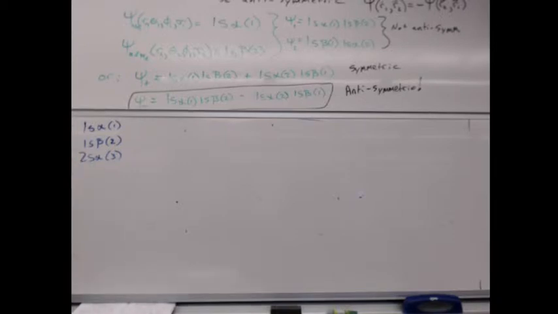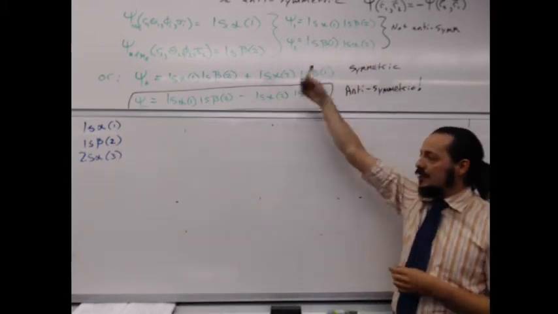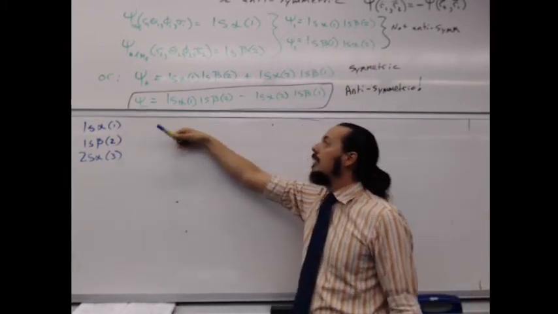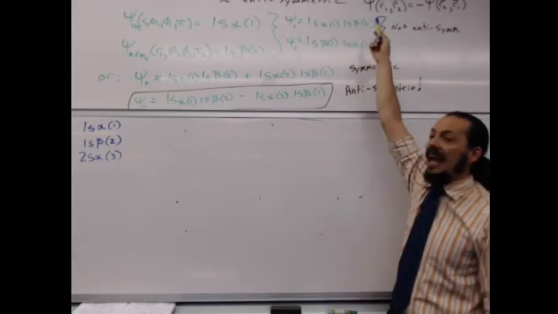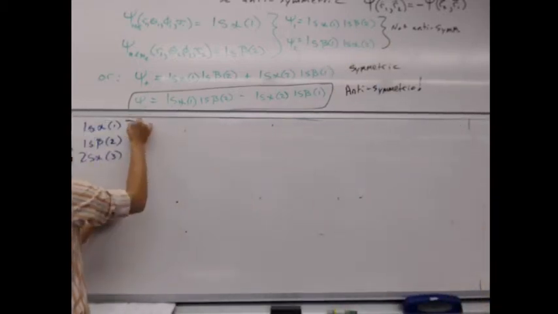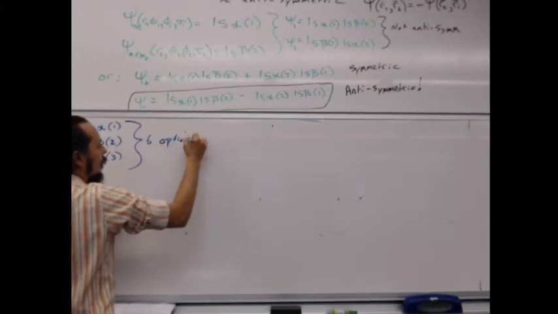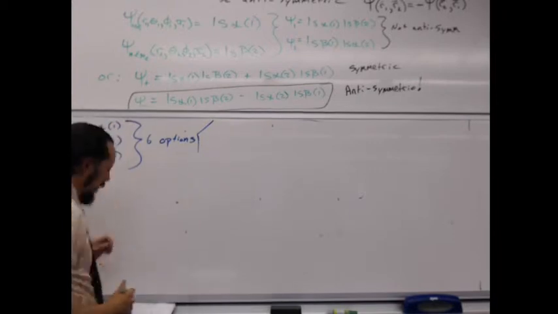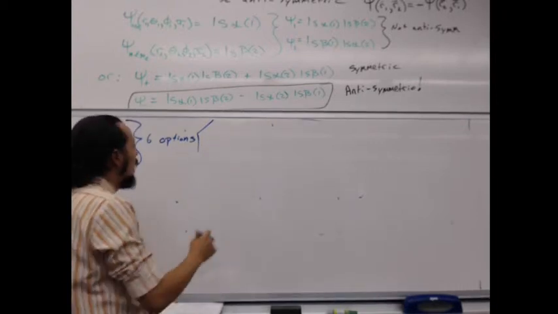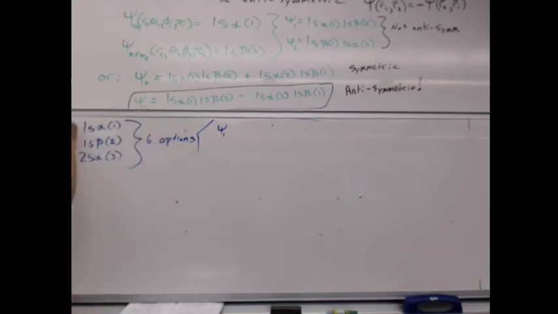And I've got to take these 3 things, I've got to multiply them together in different orientations, and I can change those 1, 2, 3s, so I can get a whole set of possible functions. And I'm actually going to end up with 6 options. I can have psi 1. So we're doing this for the 3 electron case. This was for the 2 electron case.